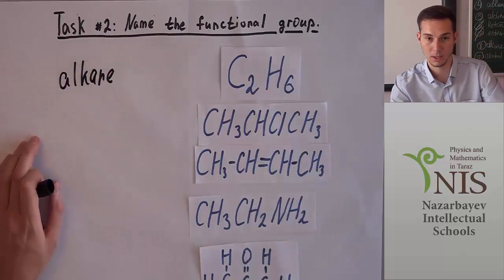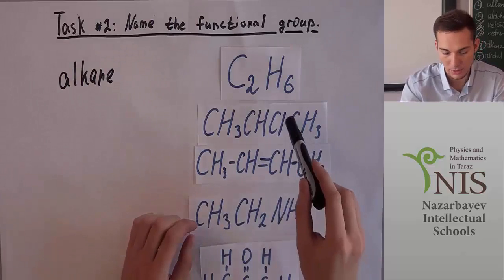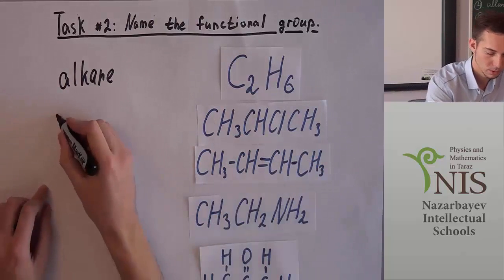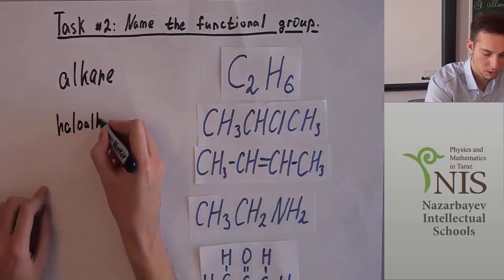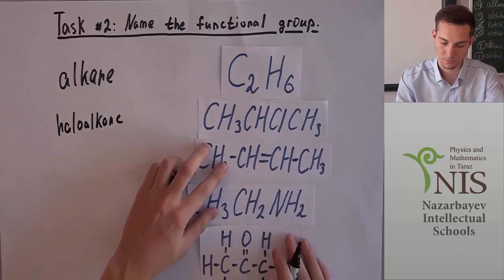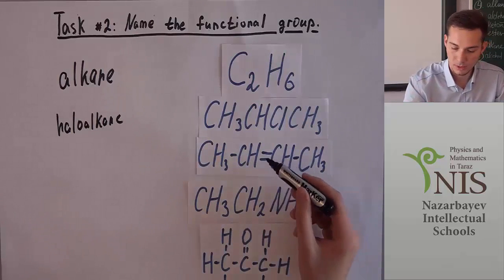Yep. Next. The first thing that you will notice here is the chlorine atom. If it is a chlorine atom, it will be haloalkane. Yeah, definitely. Next one. Also, the first thing that you will notice is a double bond.